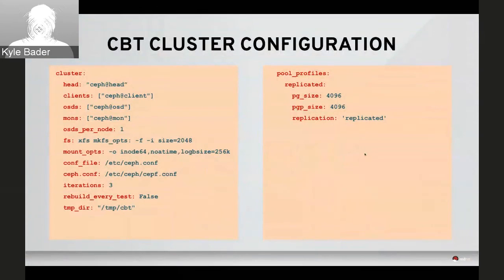So I split it in 2, but the pool profiles will just sit underneath the existing area right there. So you have your cluster configuration where you define your head node. You have an array of the client nodes. You have an array of the OSD nodes and monitor nodes. The OSDs per node, FS, and mount options.